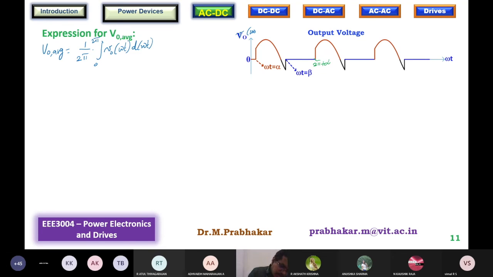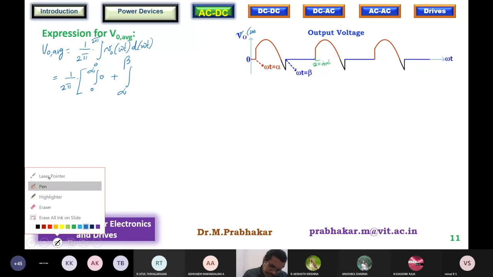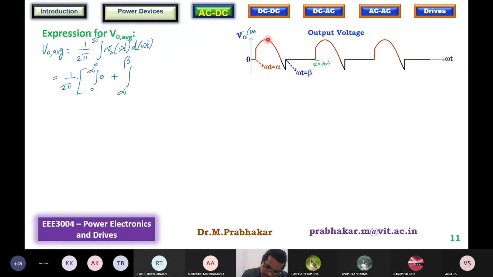Now, looking at the waveform, I will substitute the limits as follows. From 0 to alpha, the waveform is 0. From alpha to beta, the waveform is this portion. I am referring to this portion, alpha to beta.